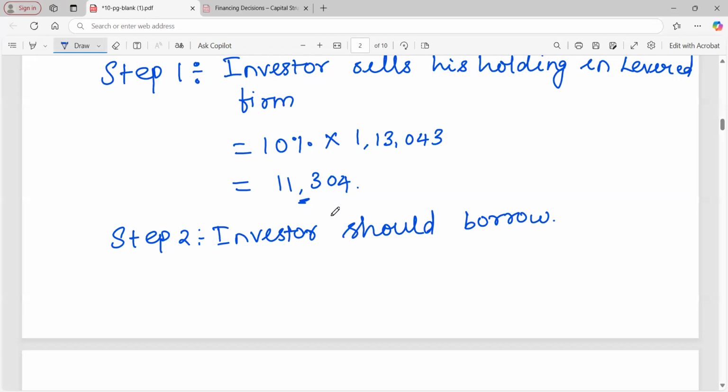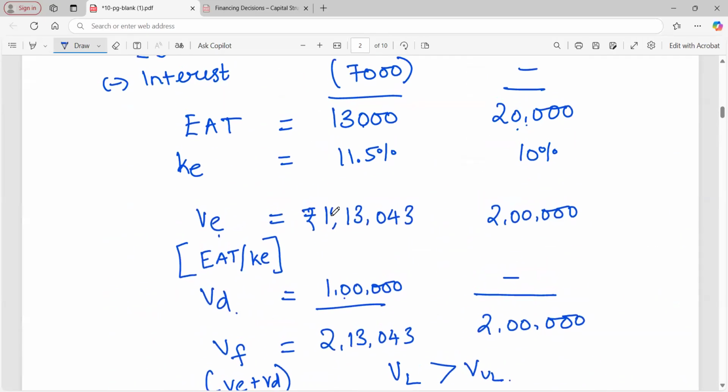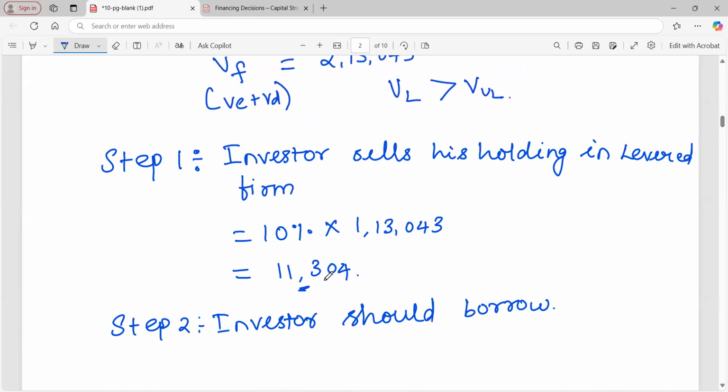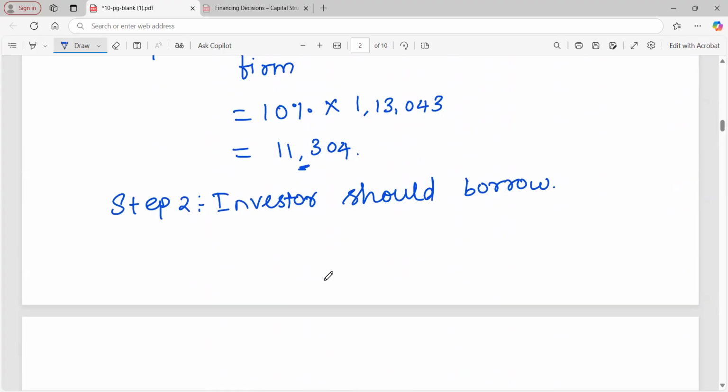In order to invest 10% in N Limited, he requires 20,000. He has 11,304 in his hand. So 20,000 is the required money, he has 11,304. So what is the difference? It is 20,000 minus 11,304. We get 8696. So should the investor borrow 8696?